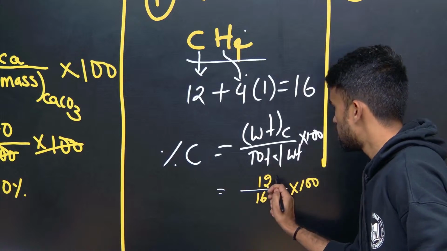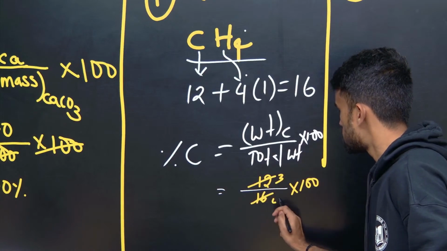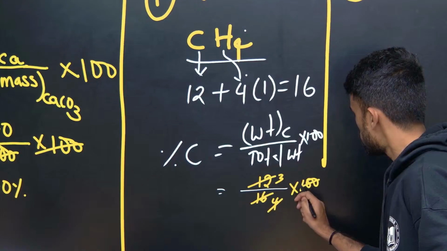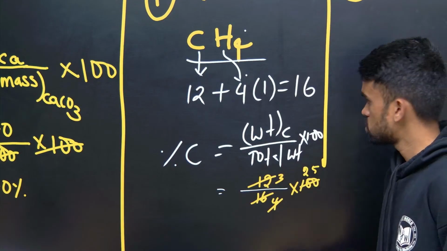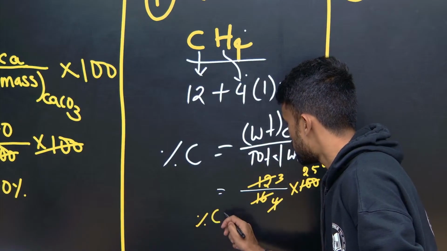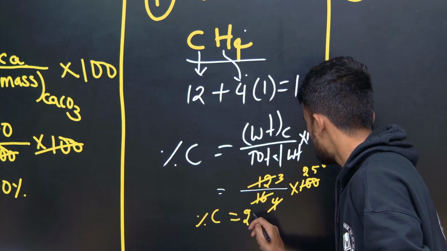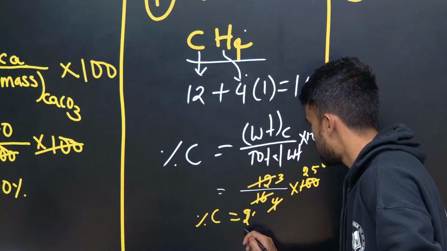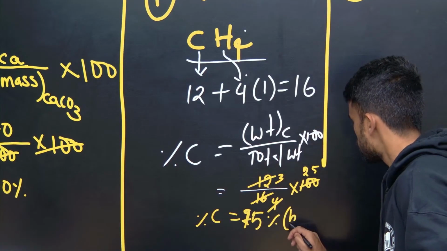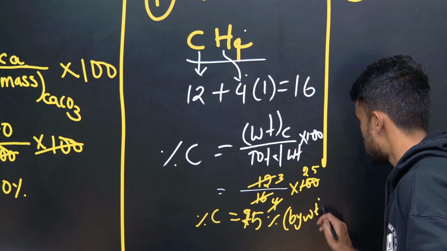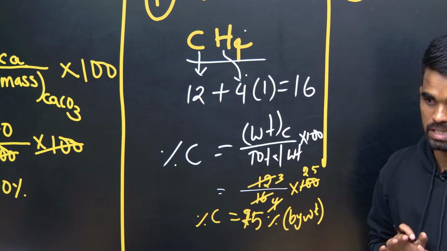So it will be 25 times 3, so I can write 75%. This is the weight percentage. This is by mass, or by weight percentage you should say.